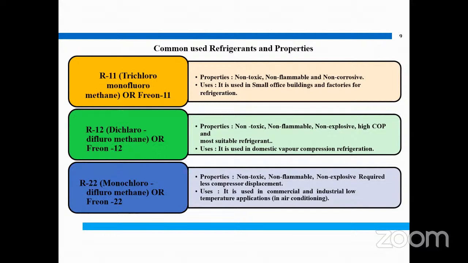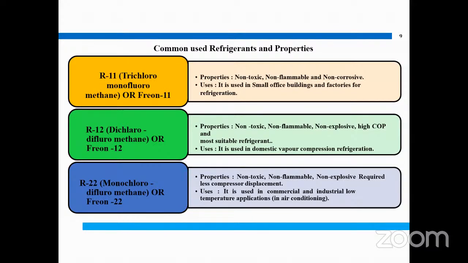R12 or Freon 12. Properties: non-toxic, non-flammable, non-explosive, high COP, and most suitable refrigerant. It is used in domestic vapor compression refrigeration systems.